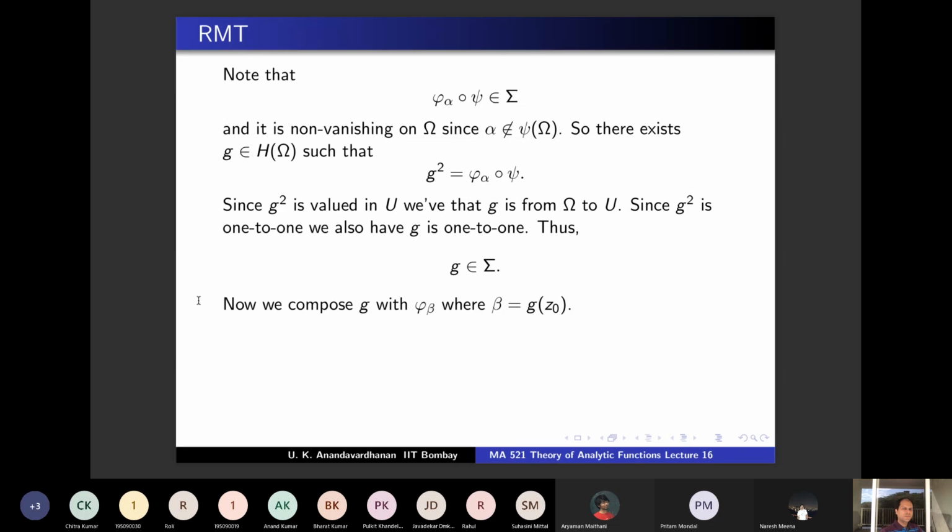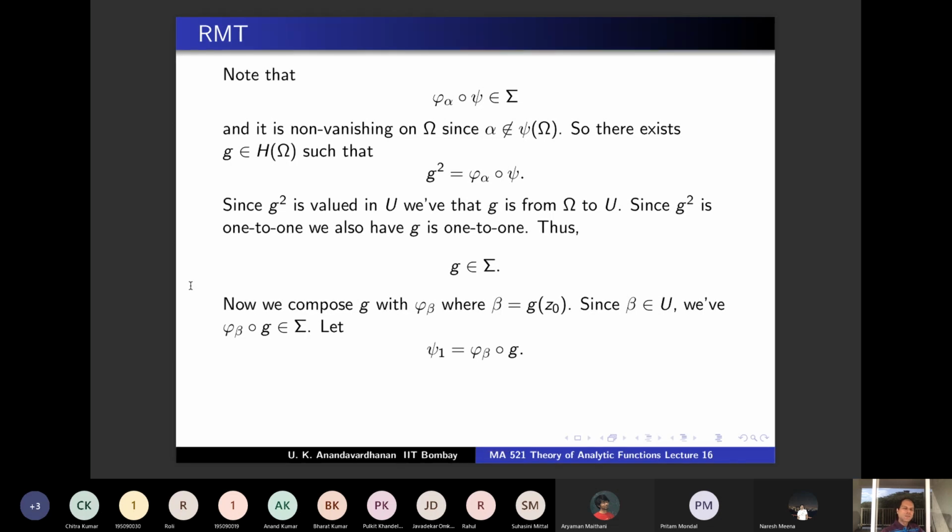The information alpha, which is outside the image, is already used in phi alpha. The given point Z naught I use here by taking beta equal to G of Z naught. Since G is valued in U, beta is in U. Phi beta makes sense. Phi beta is an automorphism of U because beta is in U, and phi beta composed with G is in sigma, exactly like earlier.